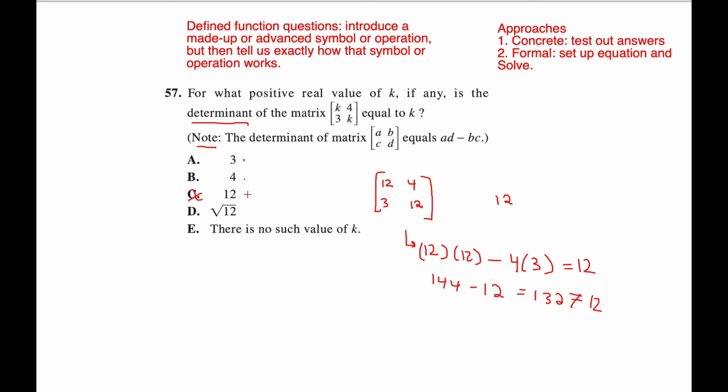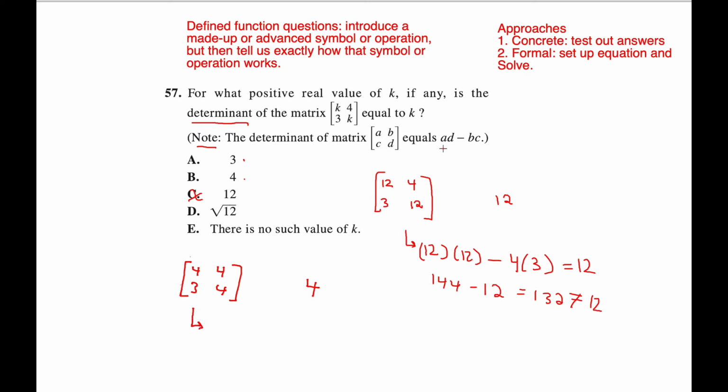And just like we did with the 12, we're going to plug that 4 back in for k and check out whether it satisfies the question. So our matrix is going to become 4, 4, 3, and 4. And we want that to equal k, or 4 in this case. Let's write out our determinant expression again.